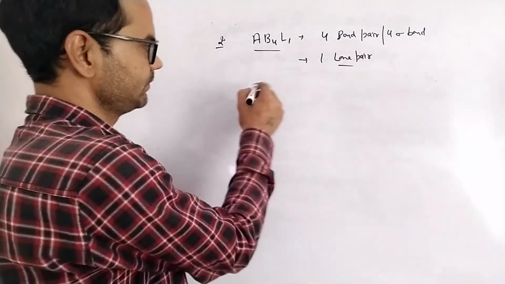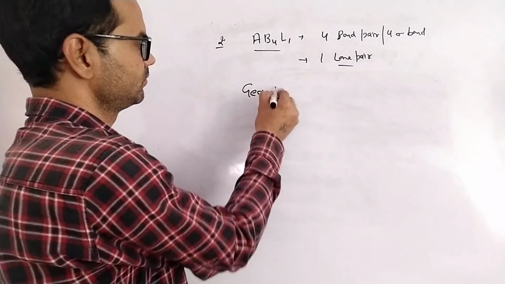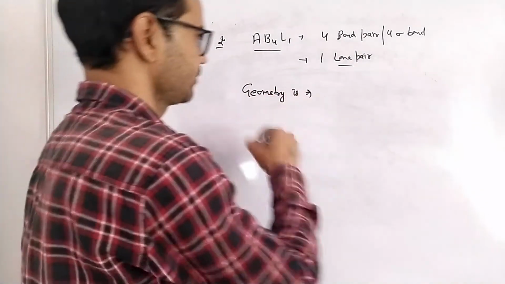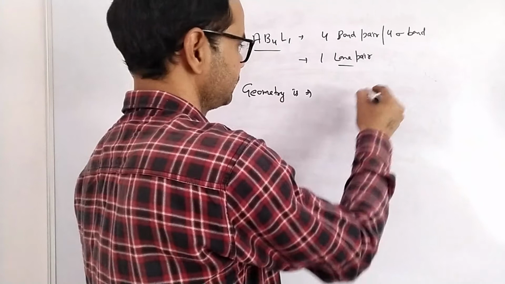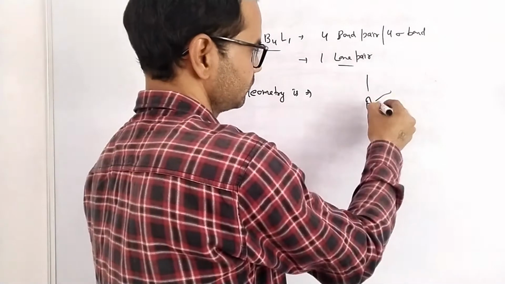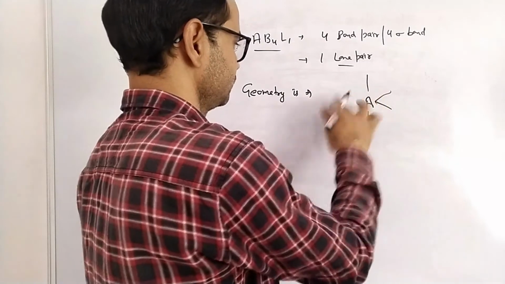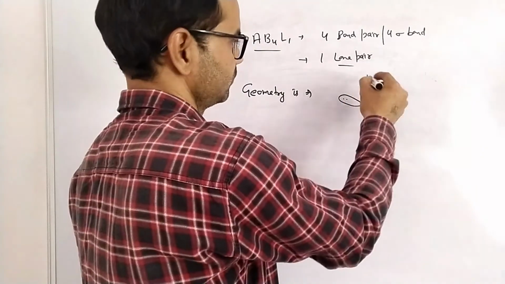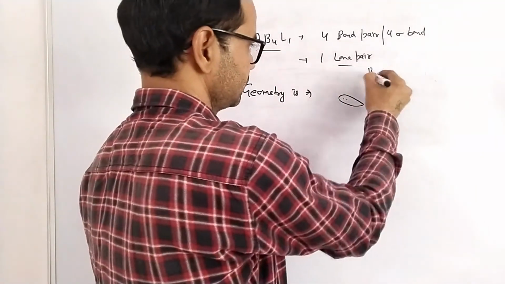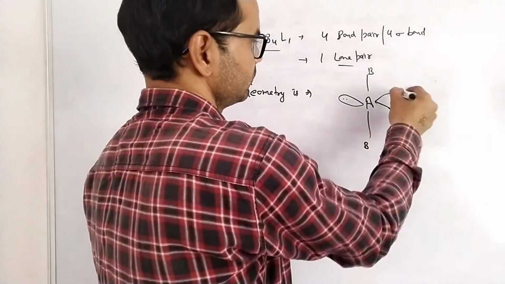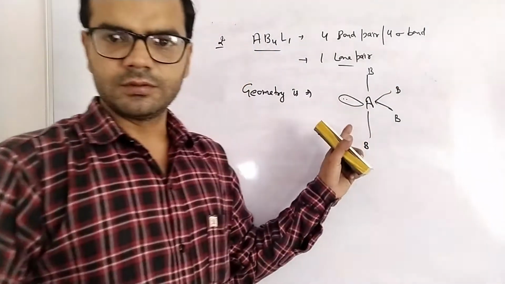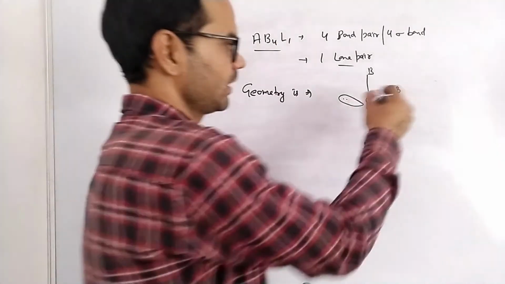So geometry is: lone pair is placed at a triangle.